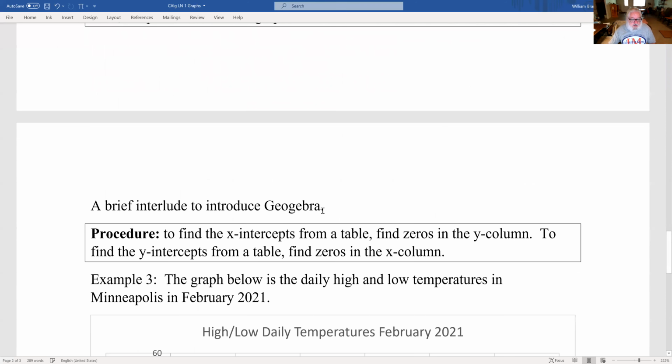Okay, so I'm going to introduce a program called Geogebra. I can figure out, if I can remember how to switch sharing. Here it is.